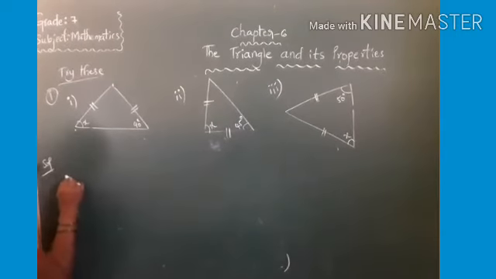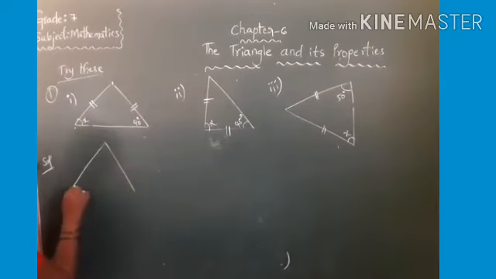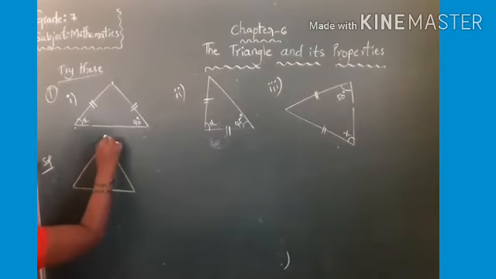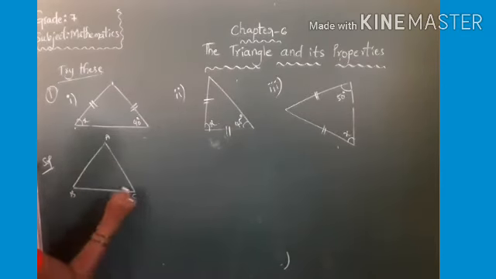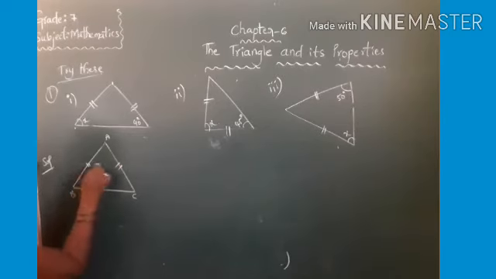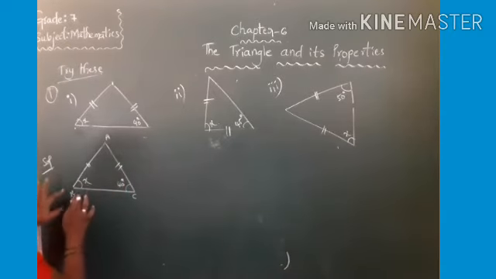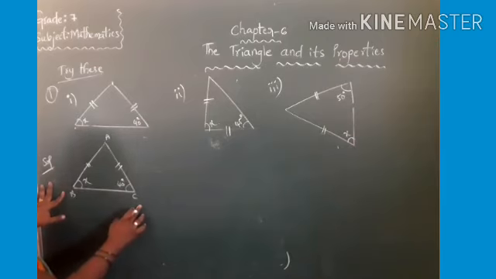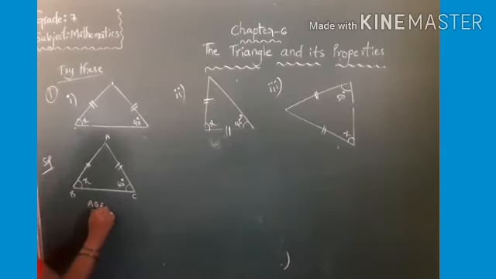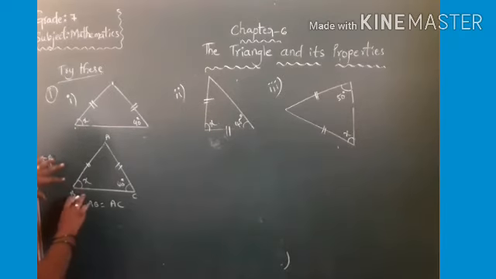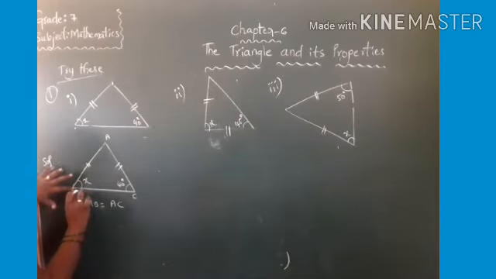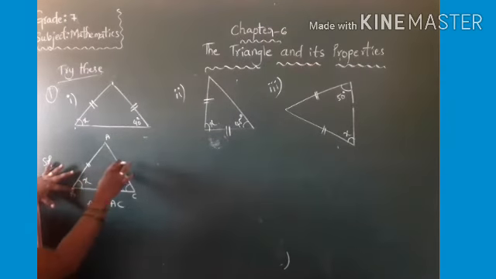So first one, solution. ABC. Here the two sides are equal. Here angle x and 40 degrees. Observe, this AB is equal to AC. You know that in a triangle, the angles opposite equal sides are equal.